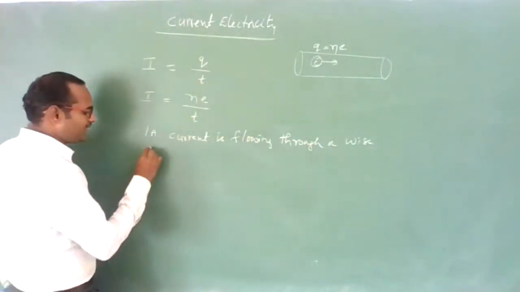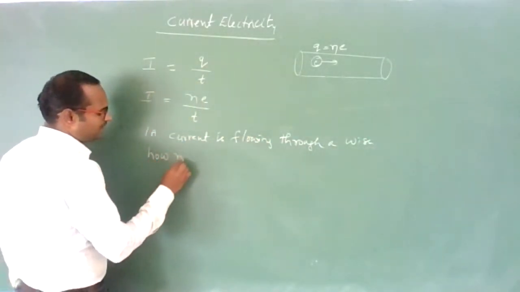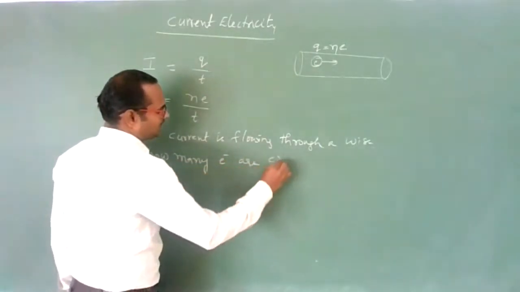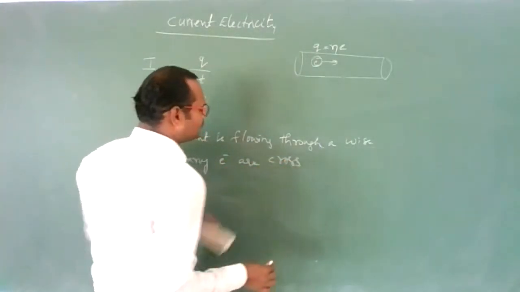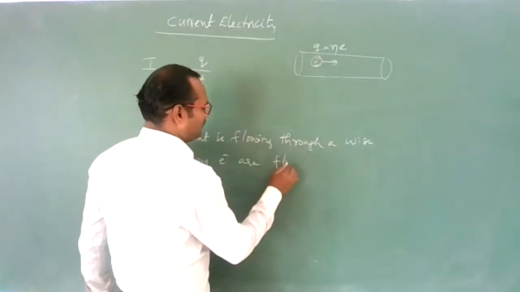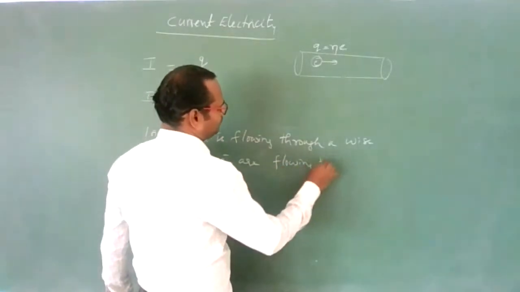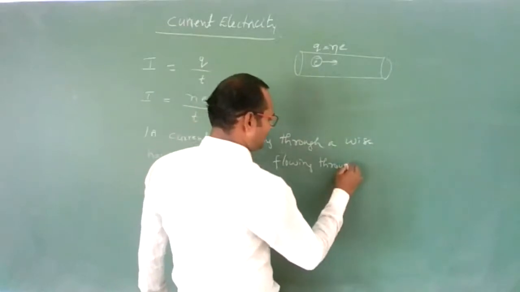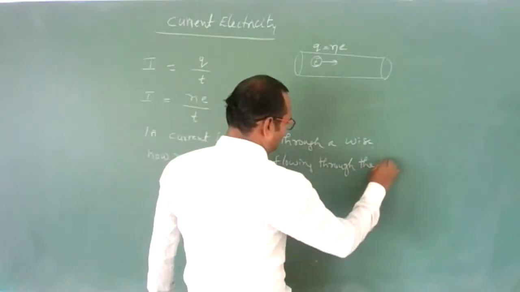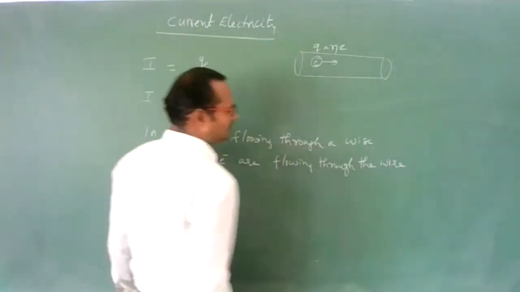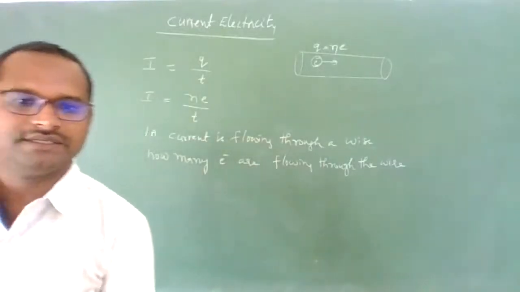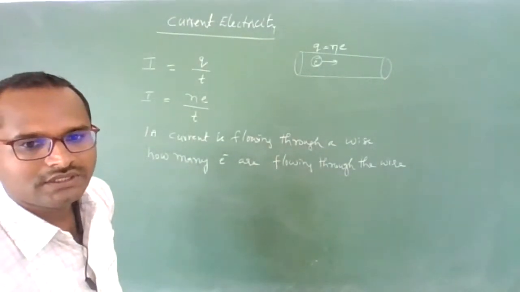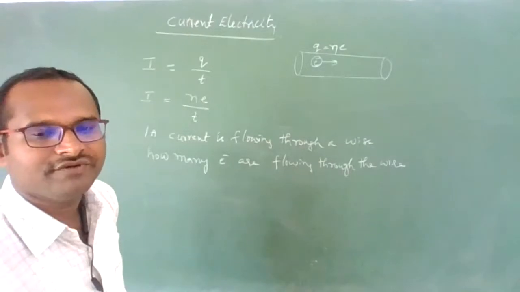How many electrons are flowing through the wire? Can you find? If 1 ampere current flows through the wire, then how many charges are flowing? Yes, good. 6.25 into 10 to the power of 18. Good, Abhay.